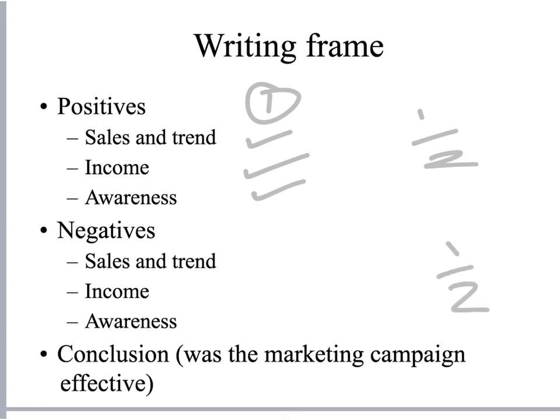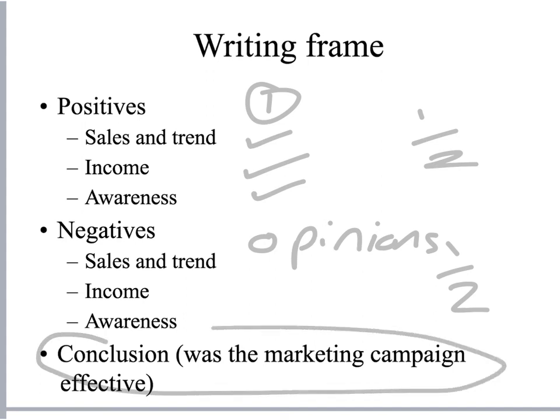and then another half a page on the negatives. And remember, if you're struggling, use your opinions, but try and back it up. And then once you've done the positives and negatives, we want a nice conclusion, alright? And that conclusion, if you could make that half a page, that would be great. Else, make these ones a little bit larger, okay?